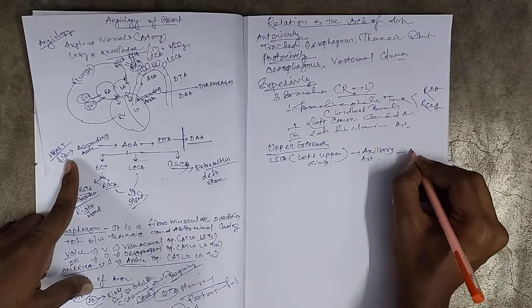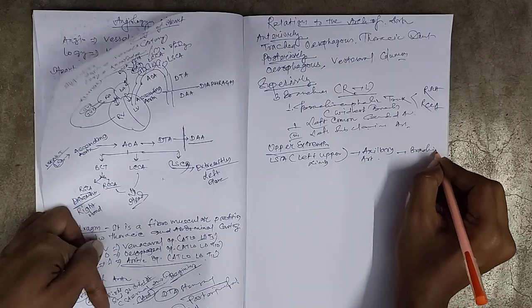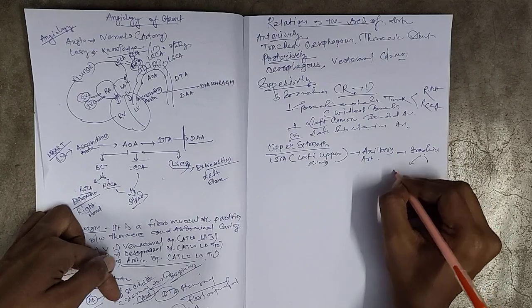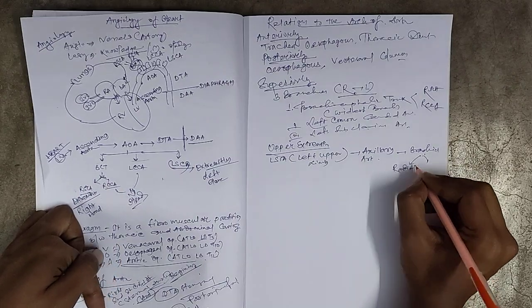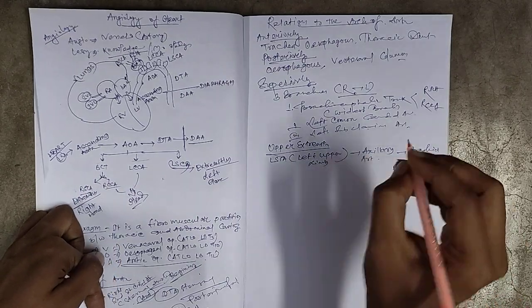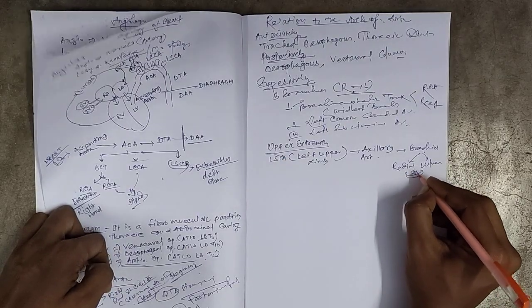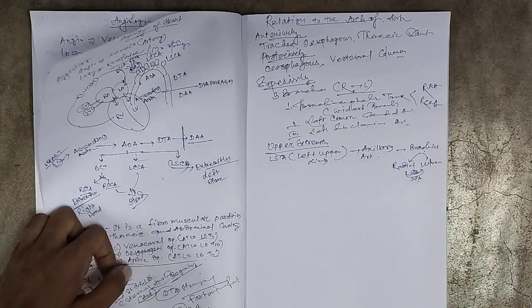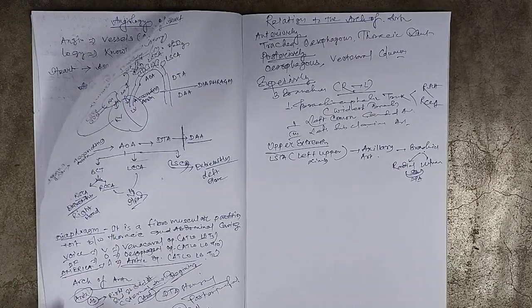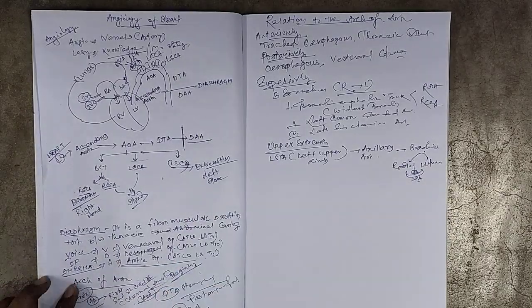Then it goes to the brachial artery. Then it divides into two parts: one is radial, one is ulnar. And then there will be two arches: one is the superficial palmar arch, one is the deep palmar arch. So these are the supplies of the upper extremity.